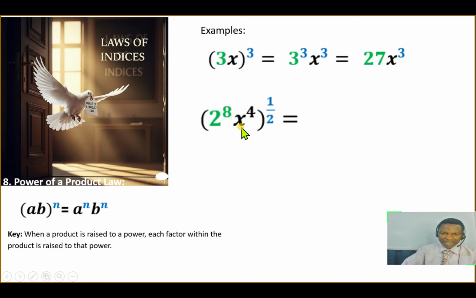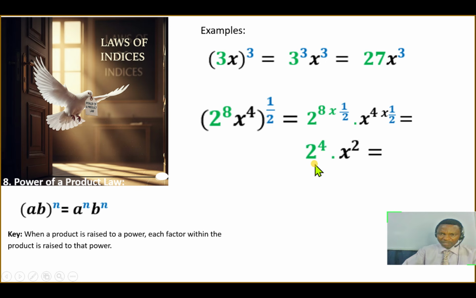2 raised to power 8 multiplied by s raised to power 4, all raised to power half outside the bracket. So this half will multiply, so this one will be solved as 2 raised to power 8 times half, that is half of the power, and s raised to power 4 times half.